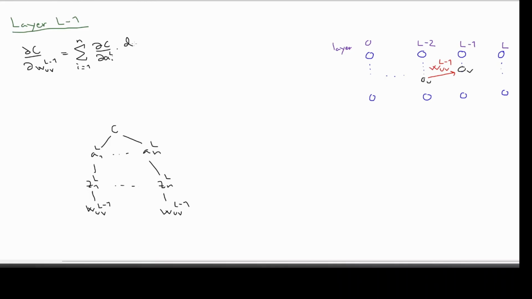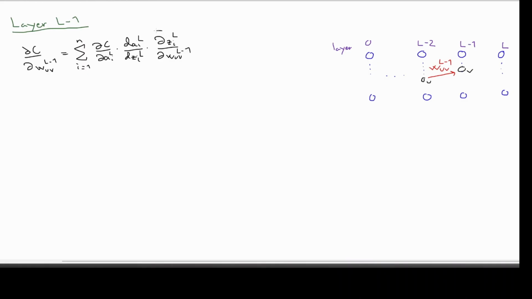So this is the derivative of the activation at neuron i with respect to the weighted input. And then we multiply that by the partial derivative of the weighted input, which again we go back to writing as a partial derivative, as the weighted input was a multivariable function of weights and biases. So this would be the weighted input at neuron i with respect to the weight going from U to V in layer L-1.